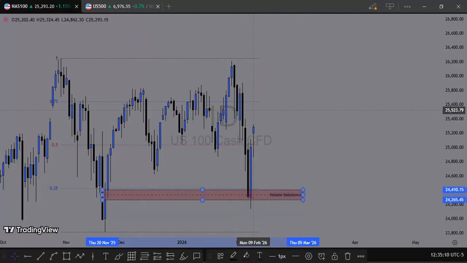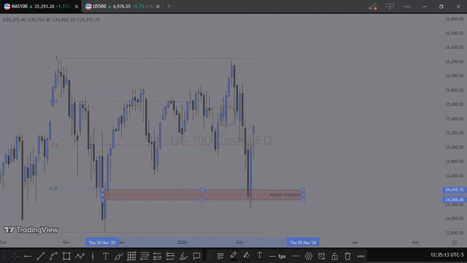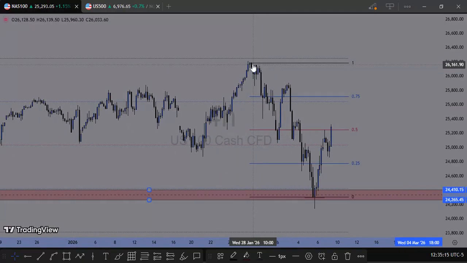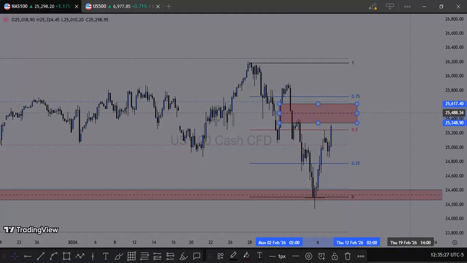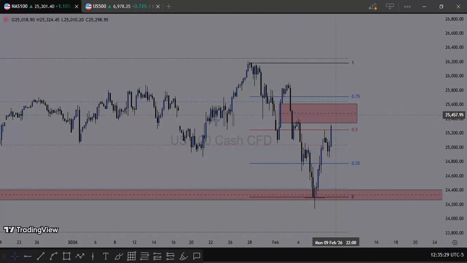It is still possible that we can come to the 50% level, as I've explained here, of this dealing range. We just come and sweep all these highs, rebalance maybe an inefficiency here, because we also have this balanced price range right there, so we can have an area of resistance, so to speak.